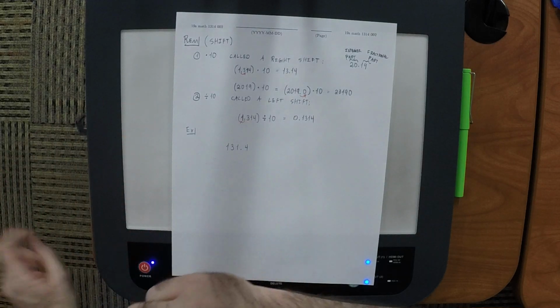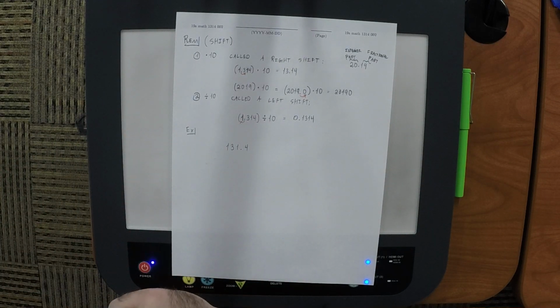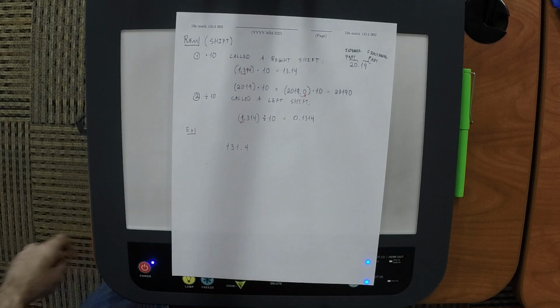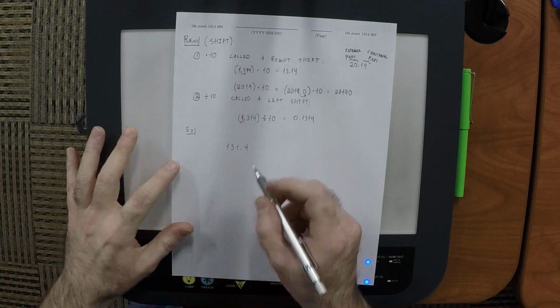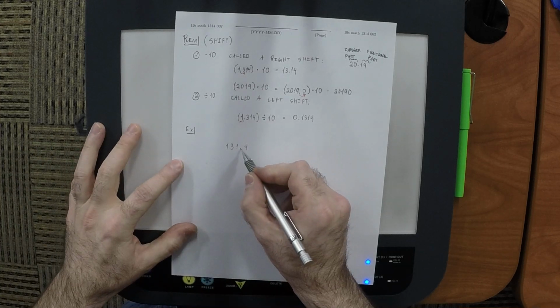Now, suppose I wanted it to come to pass that the integer part had just one non-zero digit. So it would be fine for the number to read 1 point whatever, 2 point whatever, 3 point whatever, all the way up to 9 point whatever, but not 0 point whatever. That's not going to be okay.